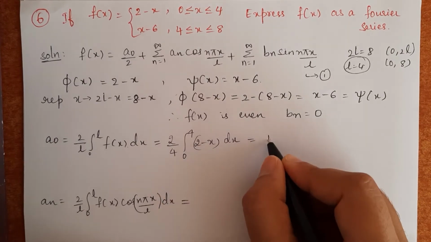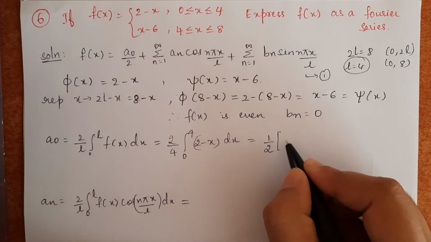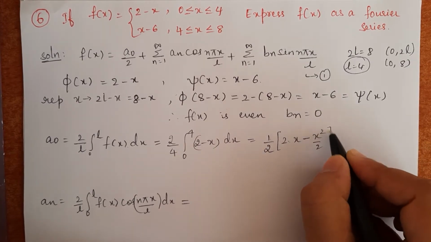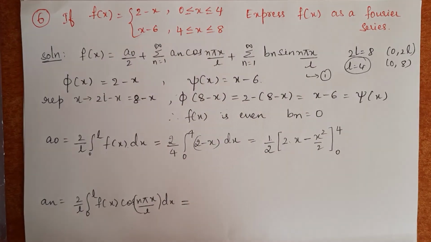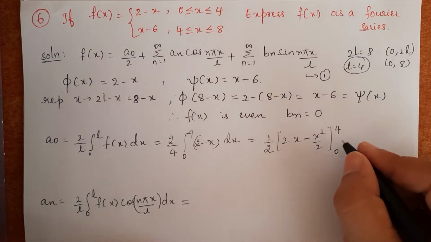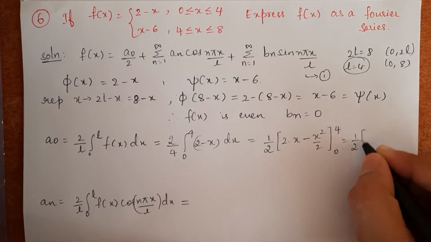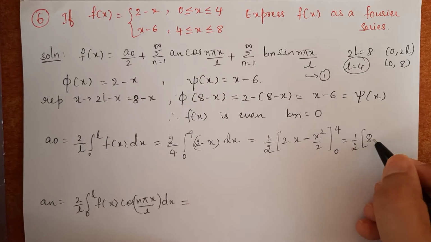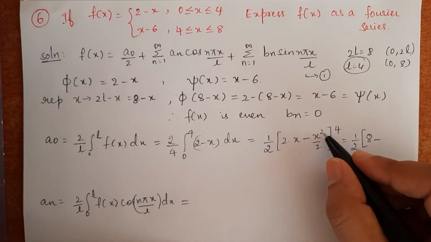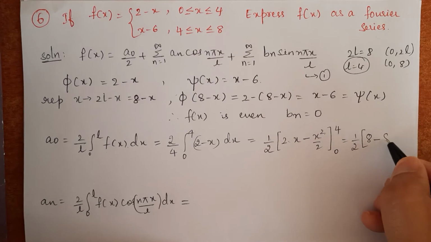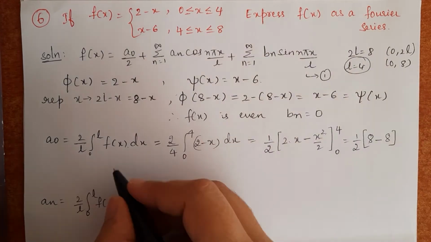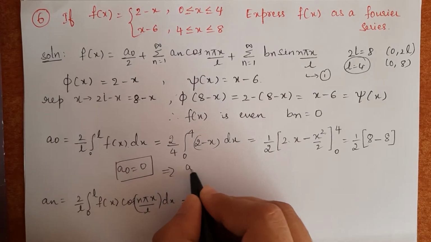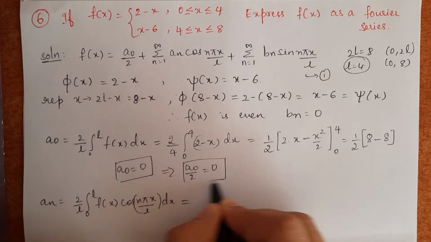So, 2 by 4 is 1 by 2, integration of 2 is 2 into x minus integration of x is x square by 2 between the limit 0 to 4. Now, let us substitute the limit, which is equal to 1 by 2 into upper limit 2 into 4 is 8 minus lower limit is 0, minus upper limit for this term is 4 square, that is 16 divided by 2 is 8. So, 8 minus 8 is 0. So, my a0 value is 0, which implies a0 by 2 is also 0.